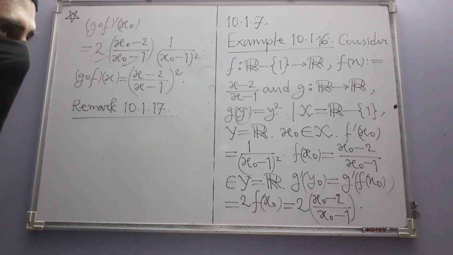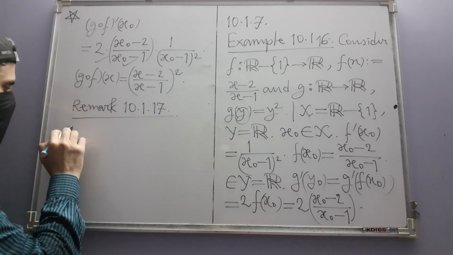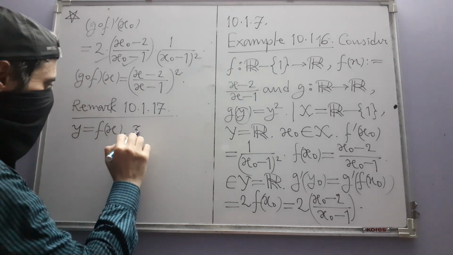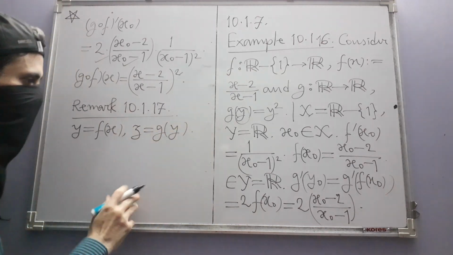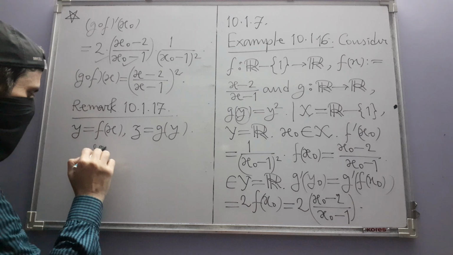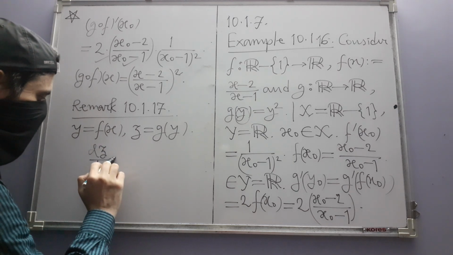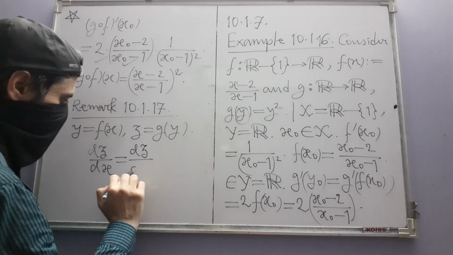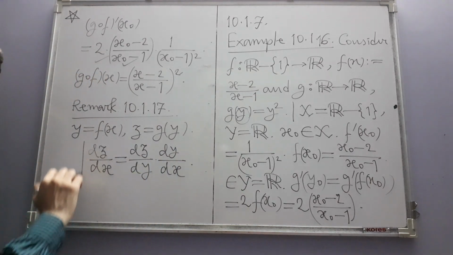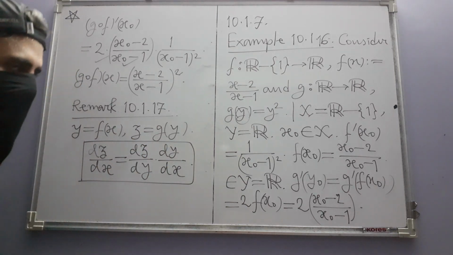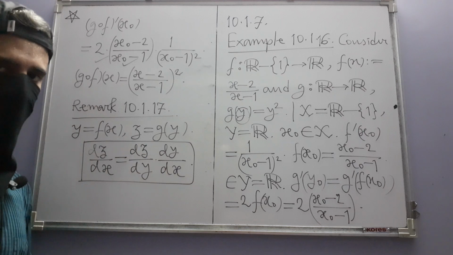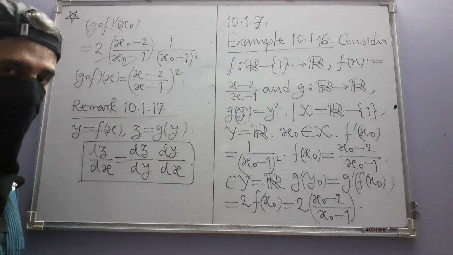If one writes y for f of x and z for g of y, then you go back to the equation that is there in chain rule and you get this very nice looking formula, which is in fact the one we have seen in calculus texts, but the author says that it's somewhat misleading, and it actually is misleading, although it looks very beautiful and appealing, and at the same time it's easy to remember.